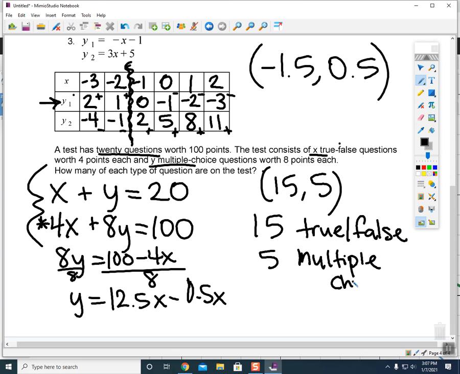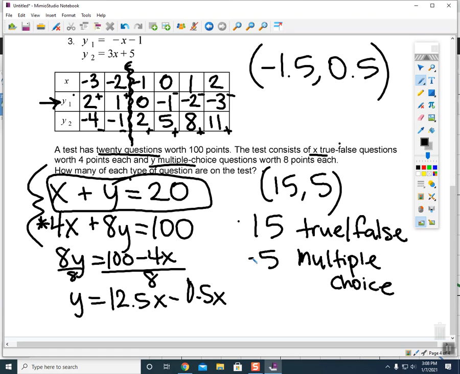And we can check our answer, right? We knew that x plus y was going to equal 20. We figured that out over here. So if I have 15 true-false questions and 5 multiple choice questions, that gives me a total of 20 questions on the test.